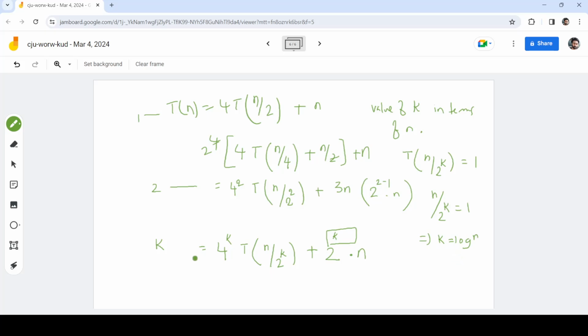So replacing k with log n, we get 4 to the power log n, and we know that this term is 1 at level k, so times 1, plus n times 2 to the power log n. Log n is basically base 2.